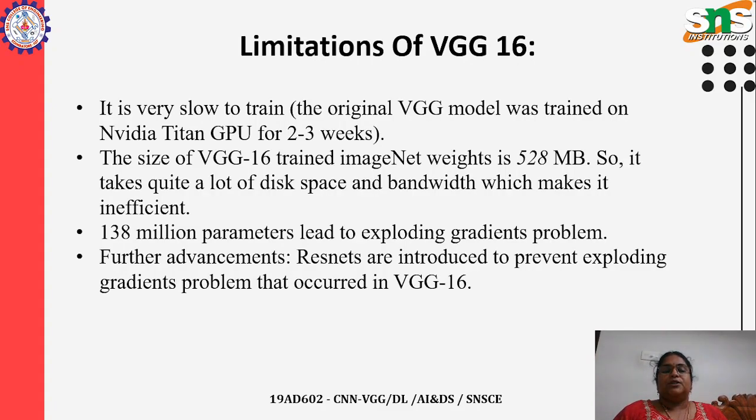The size of the VGG16 network is 528 MB, so it takes quite a lot of disk space, and the bandwidth we get will be inefficient. There are 138 million parameters, which lead to the exploding gradient problem. Further advancements, ResNets, were introduced to prevent the exploding gradient problem that occurs in VGG16.